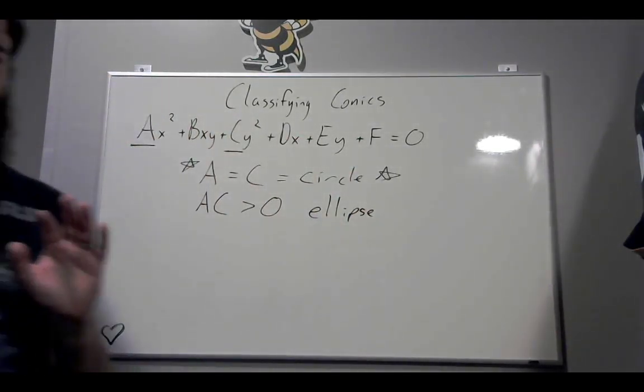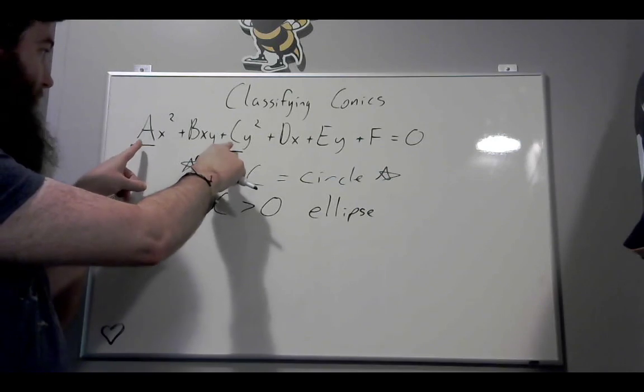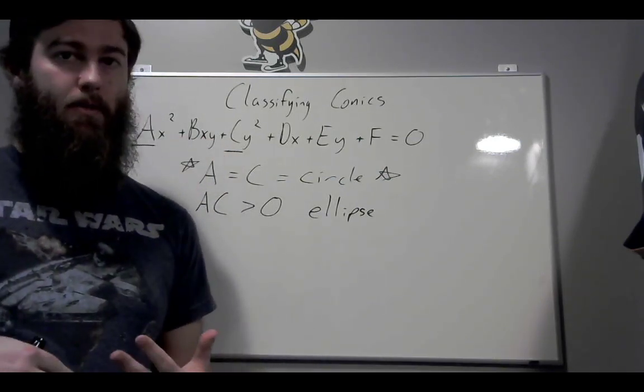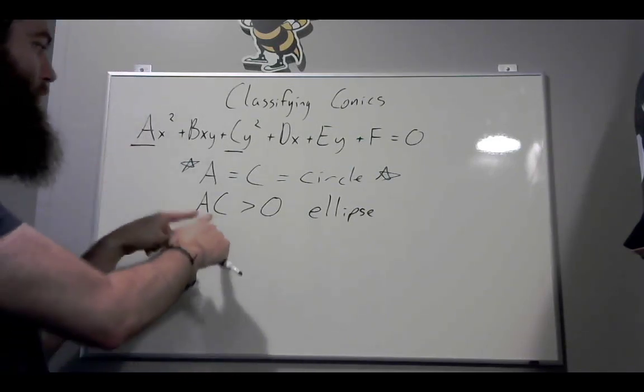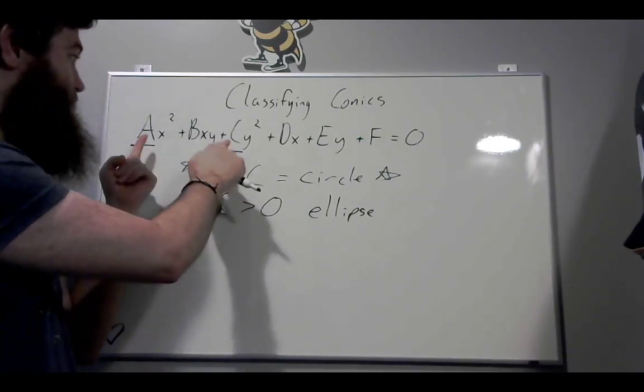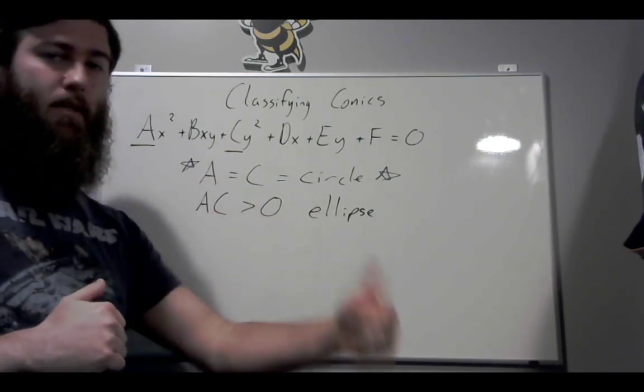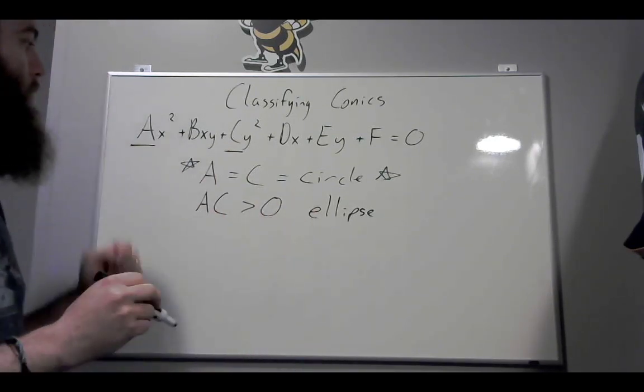So what that means is as long as a and c are both positive numbers, it's going to be an ellipse, which is nice because you don't really have to do the multiplication, you just have to see, hey, is a positive, is c positive? Yes, it's an ellipse.